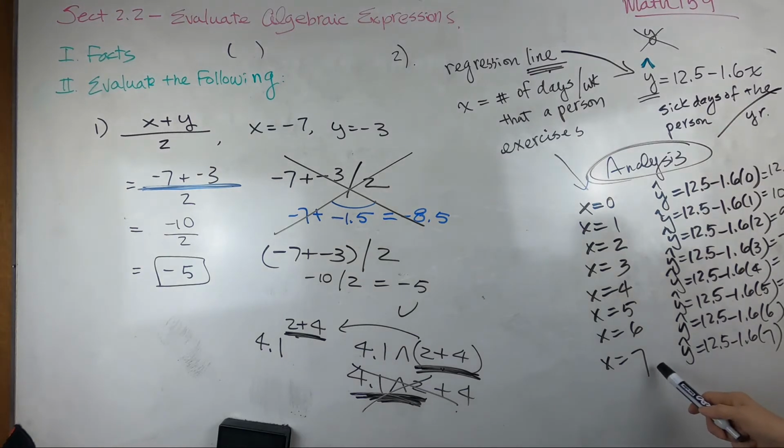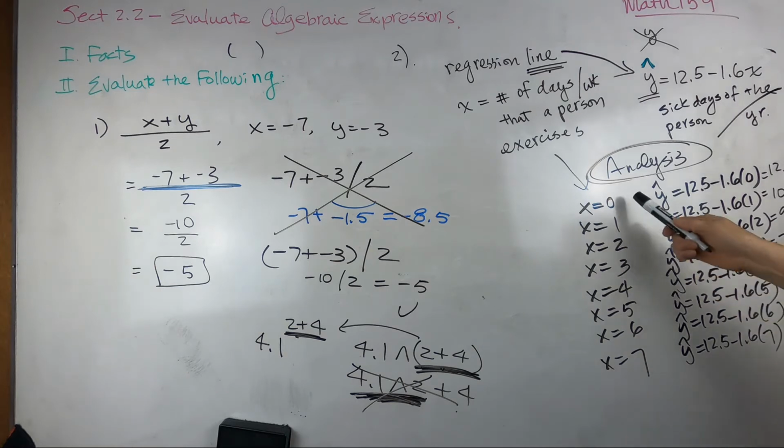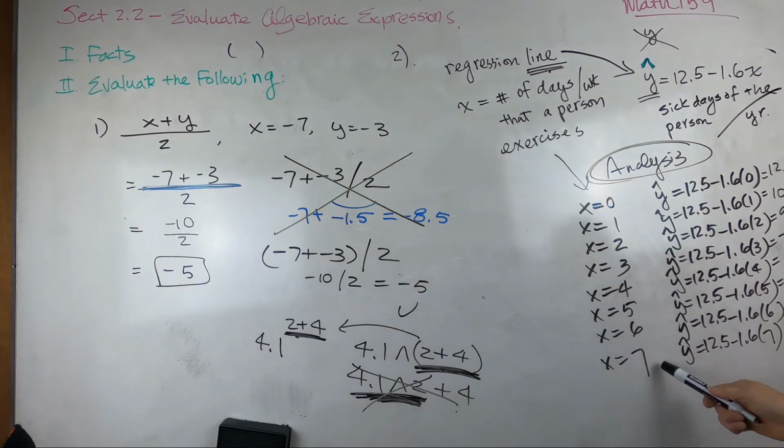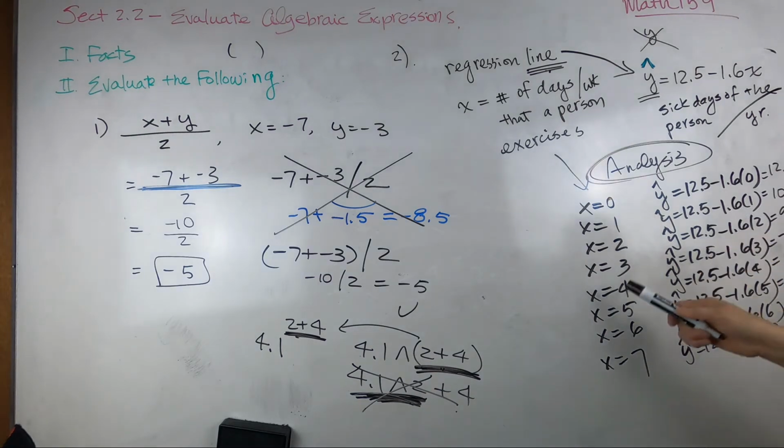So if you exercise 7 days a week, you might be sick 1 day per year. See, if you exercise more days, you drop your sick days. That means the more exercise you have, the less sick you will be, generally speaking. That's what this bunch of words is saying.